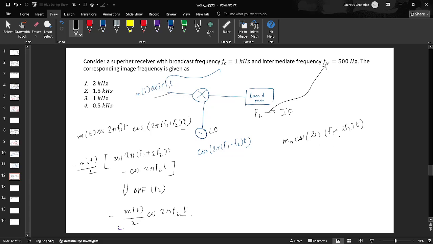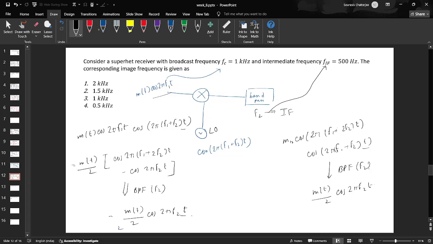If you multiply with the local oscillator output, which is cos 2 pi (f1 plus f2) t, you can see you have f1 plus 2 f2 as the input, and here you have f1 plus f2. If you pass this output through a band pass filter centered around f2, you will get an identical output at f2, because you subtract f1 plus f2 from f1 plus 2 f2, and you get an f2 component alone.